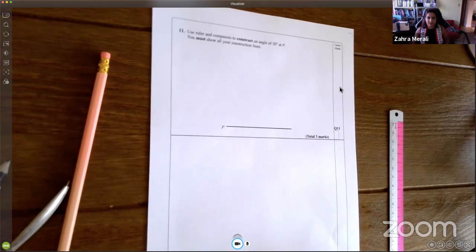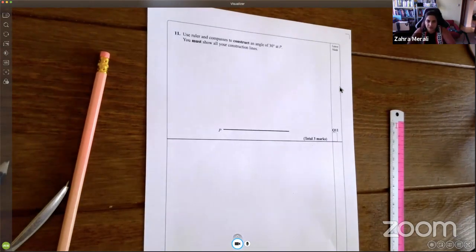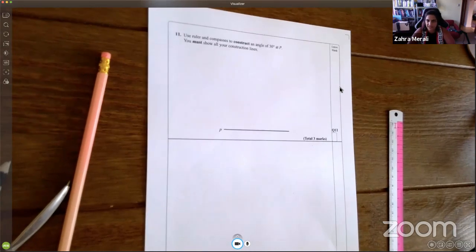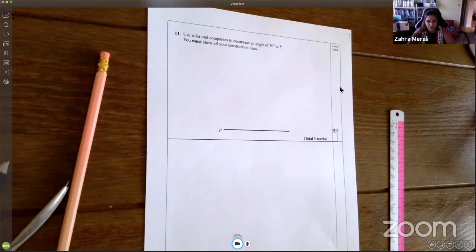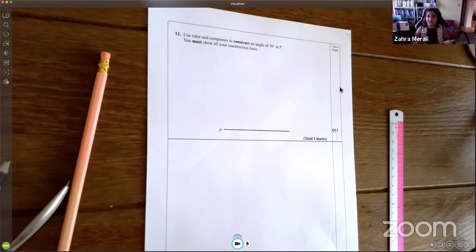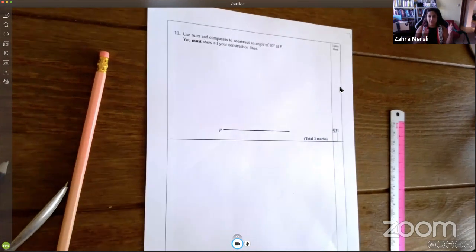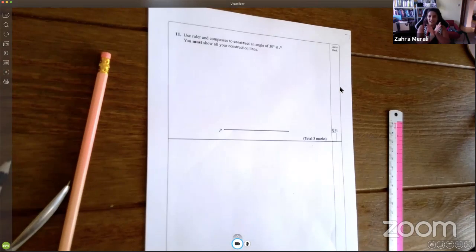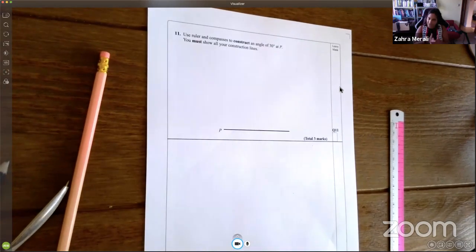Okay, it says use your ruler and compass to construct an angle of 30 degrees. So how would you construct a 30 degree angle? We know how to make a 60 degree angle because we can make an equilateral triangle. If we split the 60 degrees in half by bisecting it, we'd get 30 degrees.